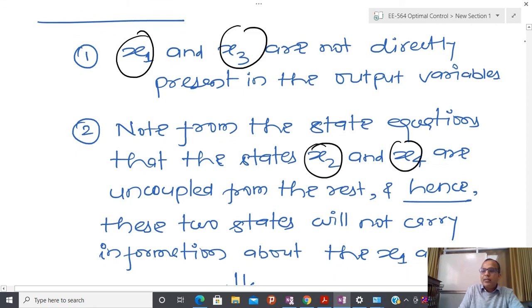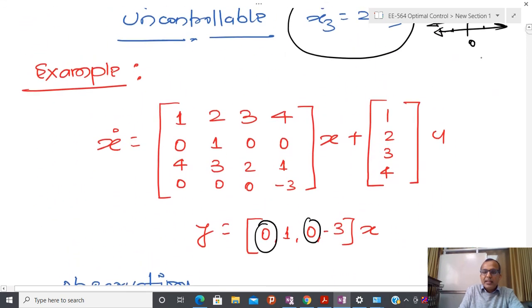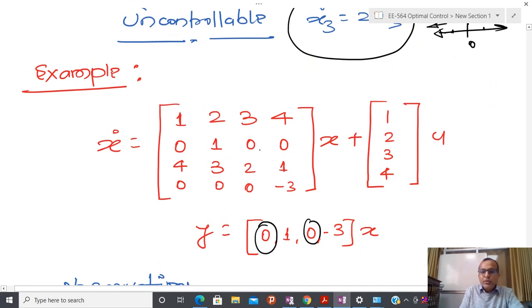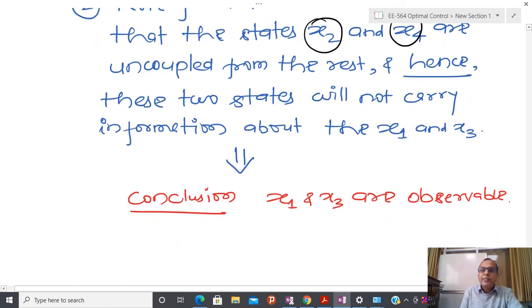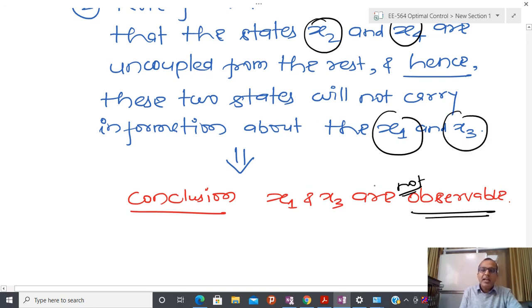If you see the equations, particularly these two equations here, the two states are fully decoupled, and due to that reason it is possible to show that x1 and x3 are not observable. They are not able to carry the information of x1 and x3, and due to that reason x1 and x3 are not observable. So basically in this way I am able to talk about controllability and observability.